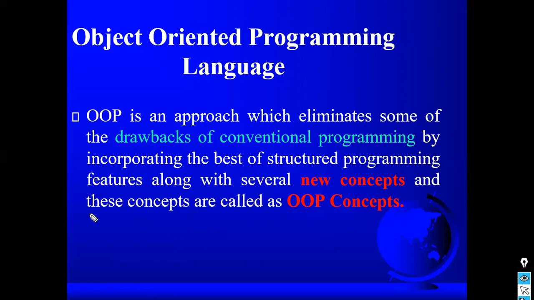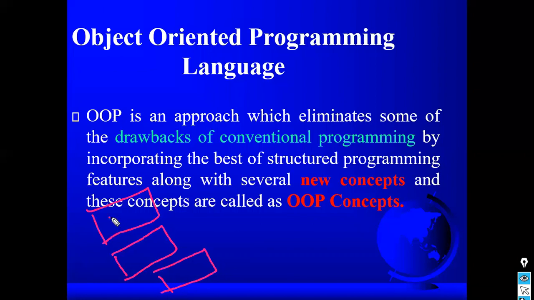So when a complex problem has to be solved with object-oriented programming language, the problem is divided into different units, and each unit we call an object. Every unit has a function, and all the functions are accessed with the help of objects, where each object or function can be independently debugged, and the data cannot be shared globally.